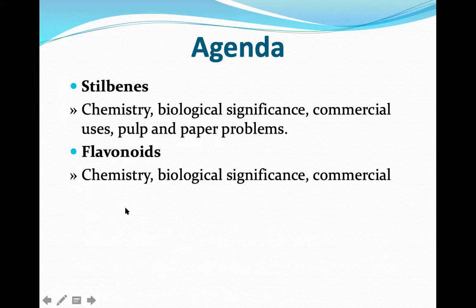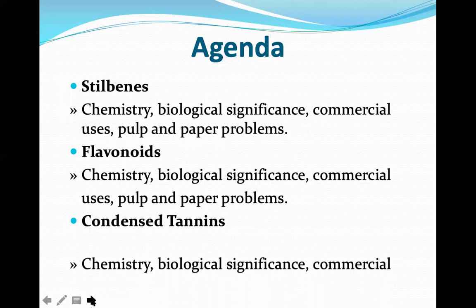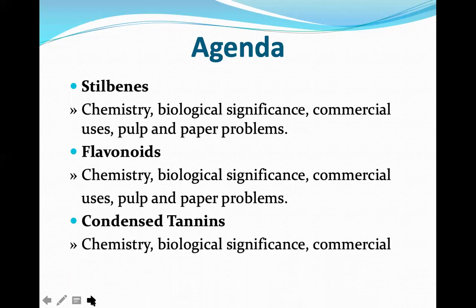Flavonoids, we shall discuss a little bit about the chemistry, a bit review of the earlier class, and biological significance, why they are biologically important, and commercial uses also, and how flavonoids are important in pulp and paper problems. And we shall also discuss condensed tannins. Yesterday I slightly mentioned the condensed tannins, that is polyflavonoid tannins, polymer of the flavonoids, and chemistry, biological significance, and commercial uses of condensed tannins.